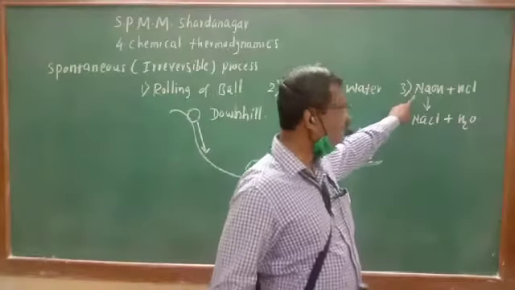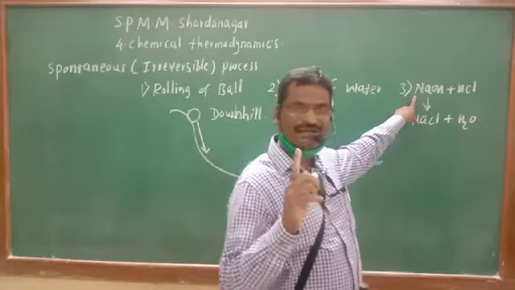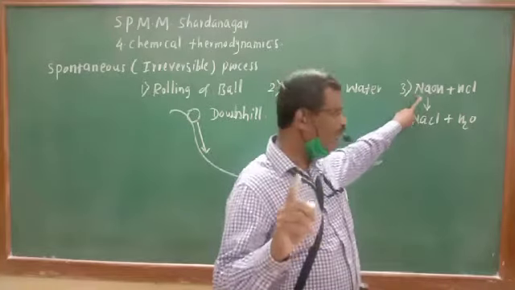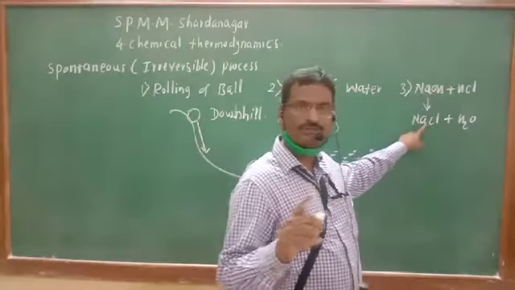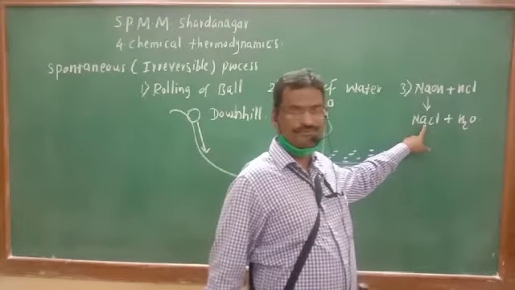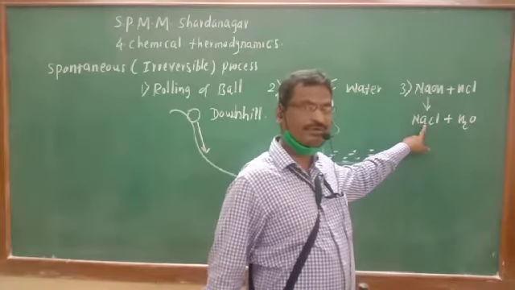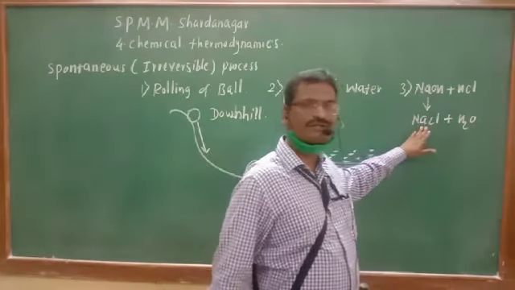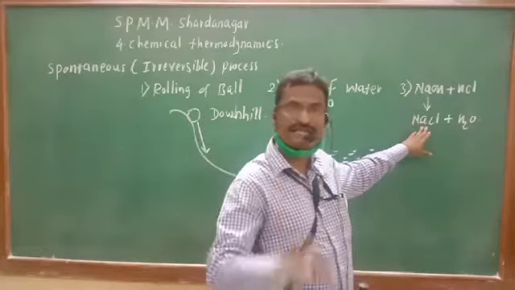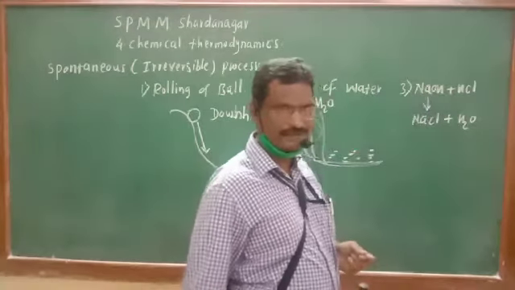This reaction is exothermic in nature, meaning NaOH reacts with HCl to form NaCl and water with evolution of heat. Enthalpy change is negative and this is an exothermic reaction. These products are with less energy and the reactants have higher energy.